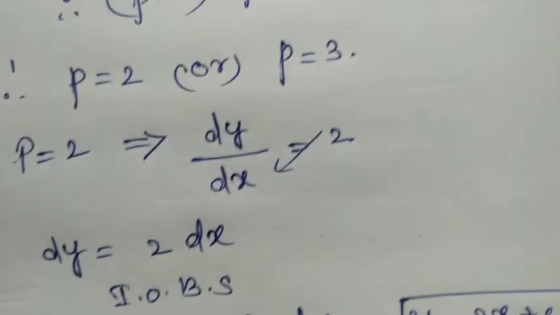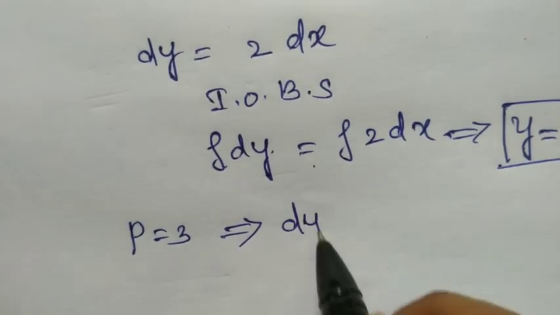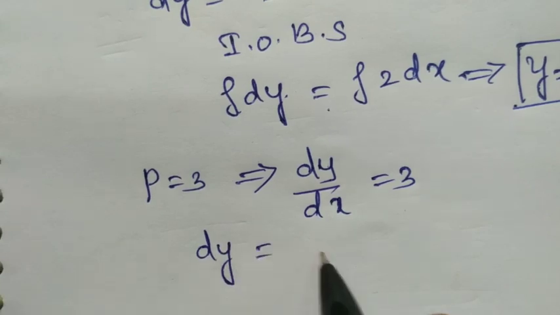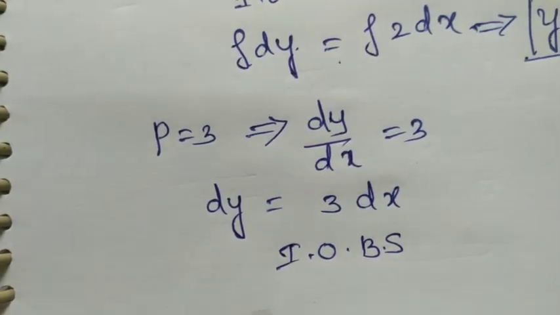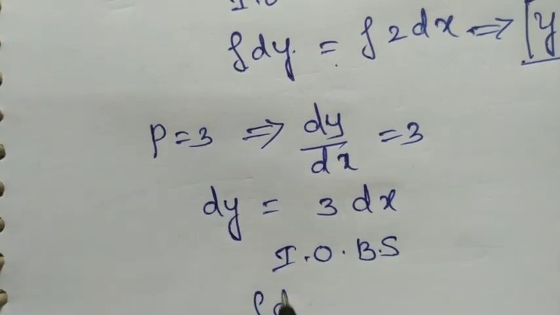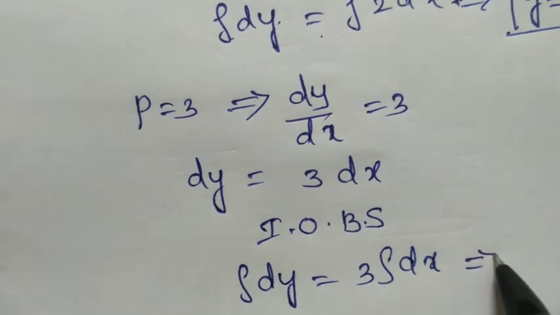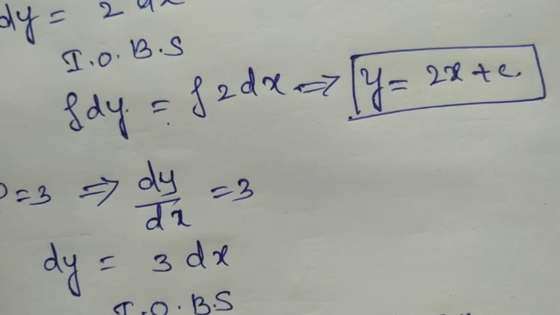Coming to the next one, p equal to 3. Taking p equal to dy by dx equal to 3, then dy equal to 3 dx, and again integrating on both sides, integration of dy equal to 3 into integration of dx. So y equal to 3x plus c.